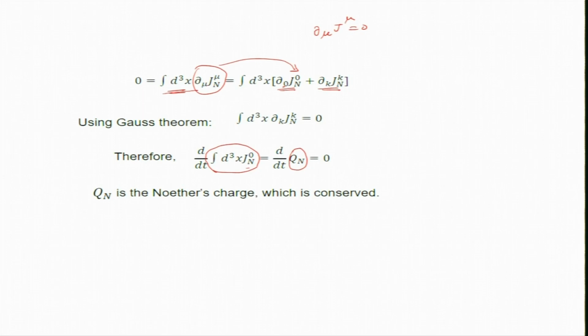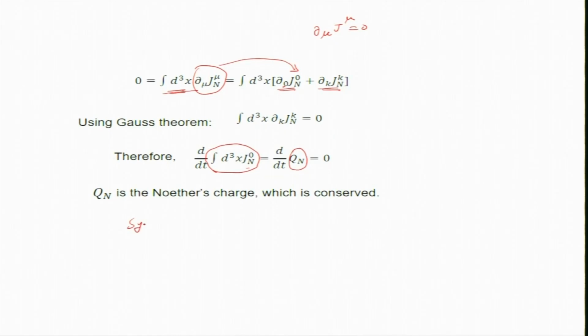Let me just make this comment. Delta L will not be 0 for an arbitrary change in phi. Under some symmetry delta L will become 0. So if I change phi in an arbitrary way, I will not get delta L to be 0. For some symmetry operation delta L will be 0.